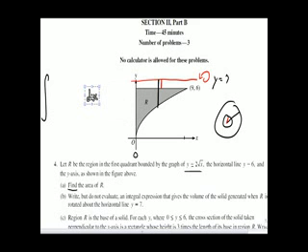So my limits of integration are going to be from 1 to 8. Okay, now we know we're dealing with circles, right? We said we're going to subtract two circles, outer minus inner. So I've got some function of x squared minus another function of x squared.